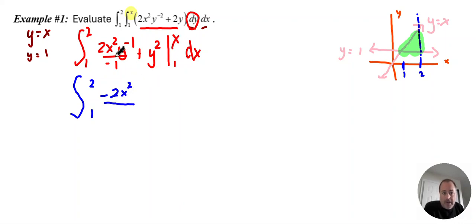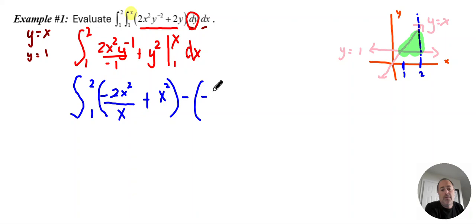But since I'm going to replace y with x, I'm going to put an x in for our function. All right, and then plus, again, the x is going to go in everywhere I see a y, and then we're going to do the same thing with our 1. So we have negative 2x squared over 1, and then plus 1 squared. And then we're going to do dx.